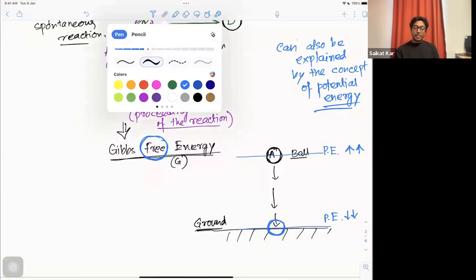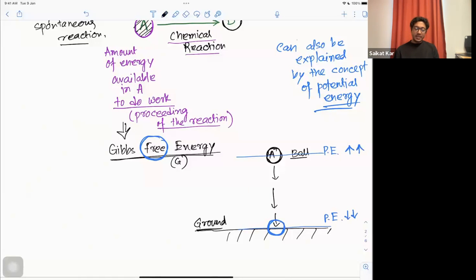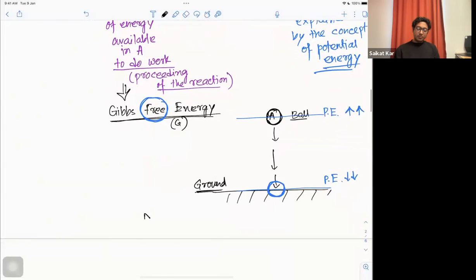So normally or naturally what happens, any object tends to or tries to decrease its potential energy.